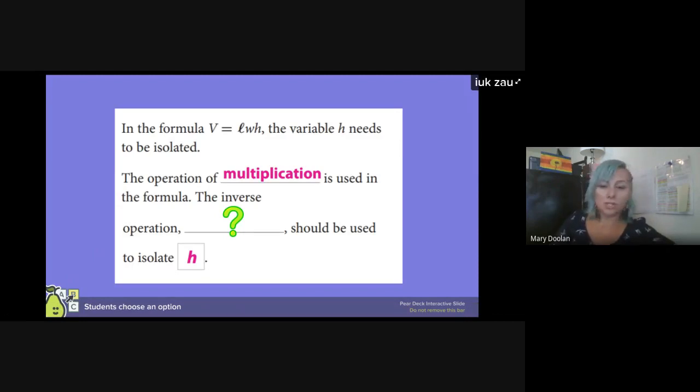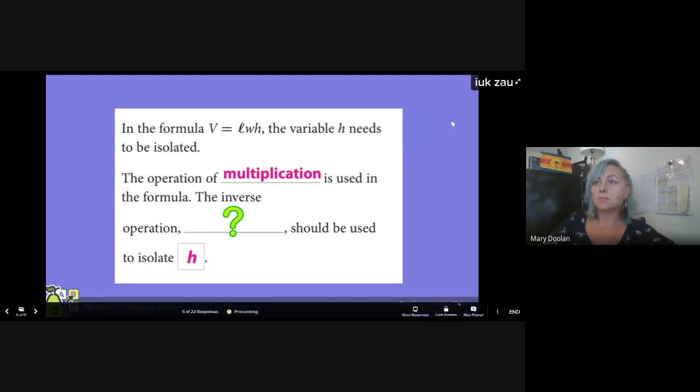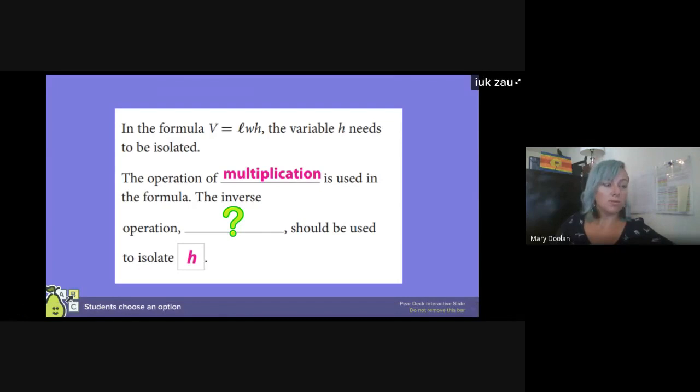Multiple choice question for you on your Pear Deck tab. You're going to pick one of those. I have 8 responses out of 22 so far.